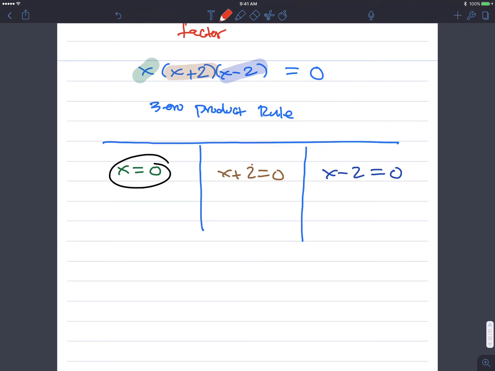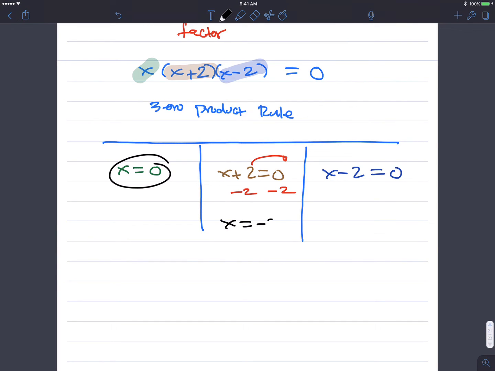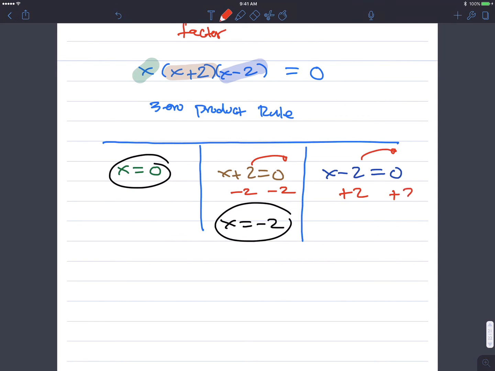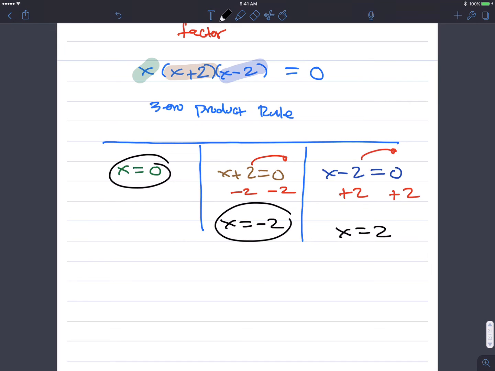I just either translate, or subtract 2 from both sides, and now I get x is negative 2. Here's my second answer. And then again, I translate, or let's just say I'm going to add 2 to both sides. Now what do I get for x? X is positive 2. So my solution set is going to be 0, negative 2, positive 2.